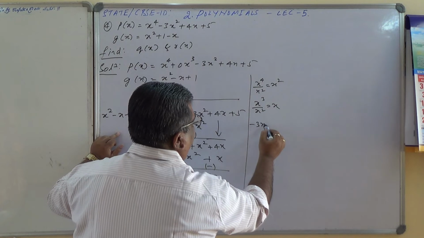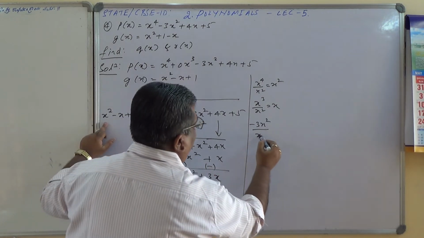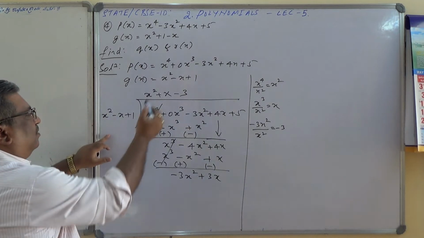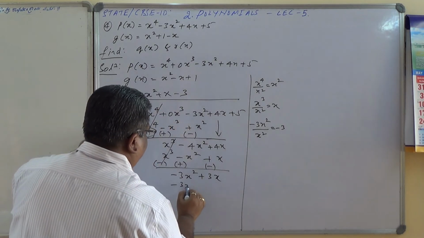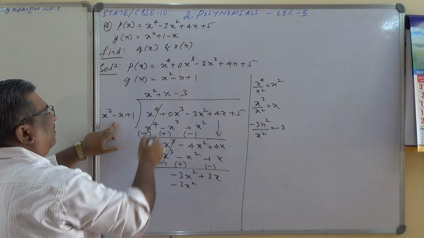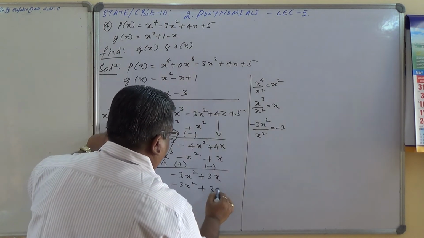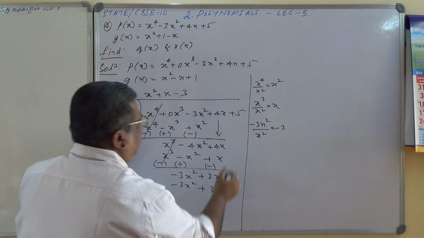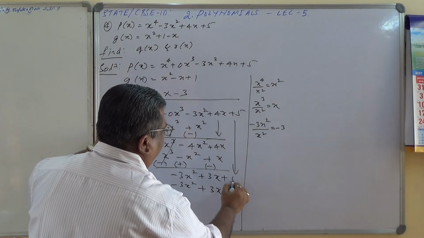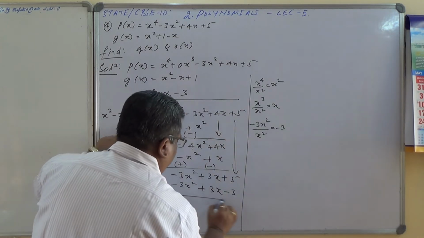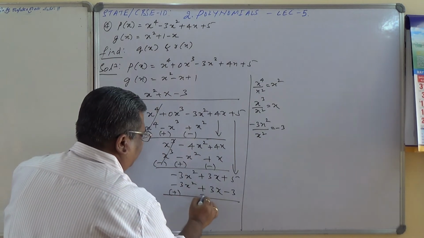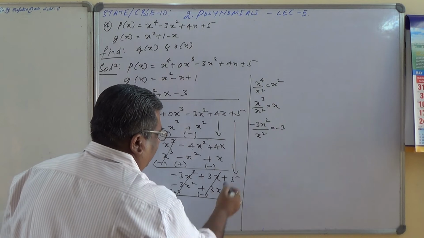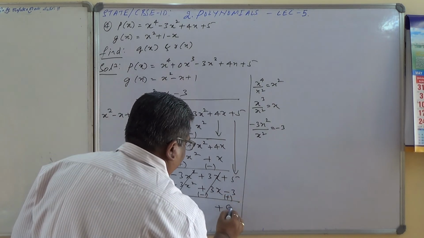Next, minus 3x square divided by x square, which is minus 3, so minus 3 into x square is minus 3x square, minus x, minus 3, plus 3x, and plus 1 minus 3, minus 3. Let me pull down here itself, plus 5. Is it correct? Now, change the sign, plus, minus, plus. So this will cancel, plus 5, plus 3, plus 8.